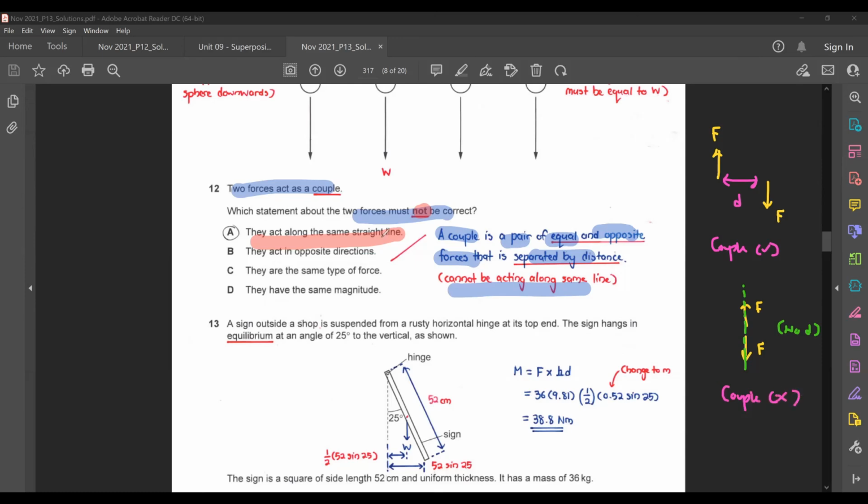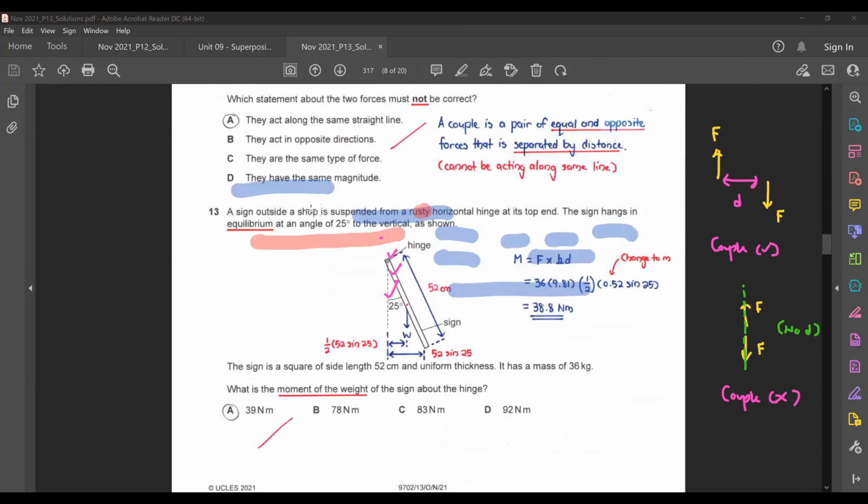So this one is wrong. They act in opposite directions is correct. They are the same type of force, that one should also be correct. They have the same magnitude. Okay, so A is definitely the one that is out.